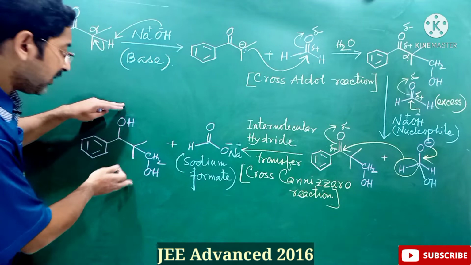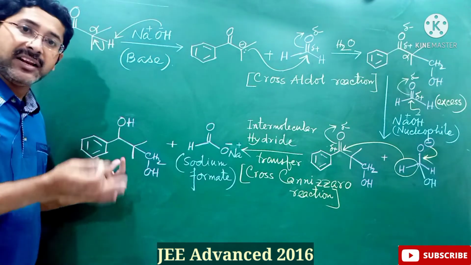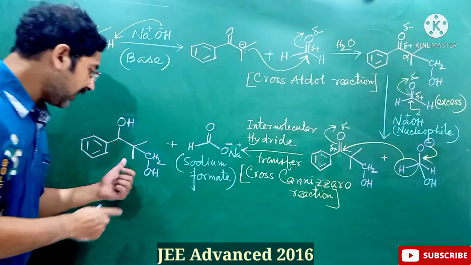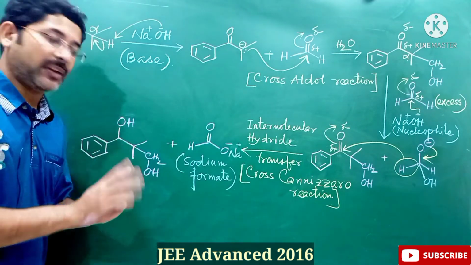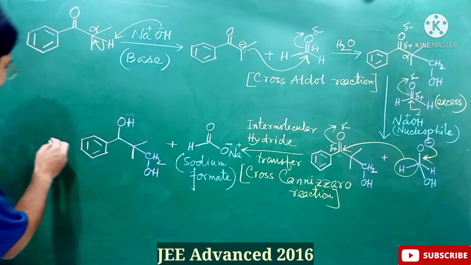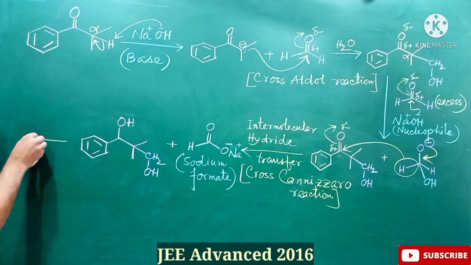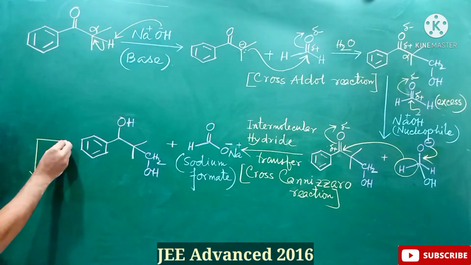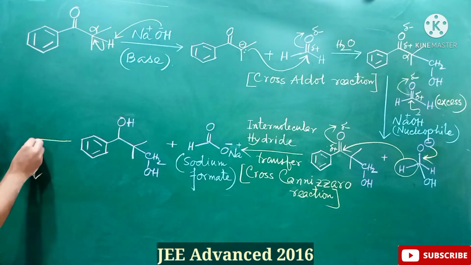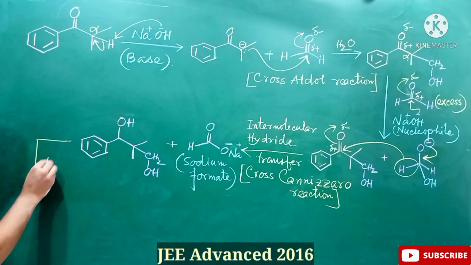Finally this substrate is made to react with formaldehyde again, but this time in presence of catalytic amount of H+, right. I am writing here, in the last step formaldehyde is made to react with this substrate in presence of catalytic amount of H+.